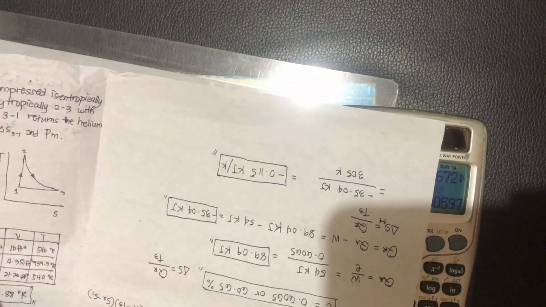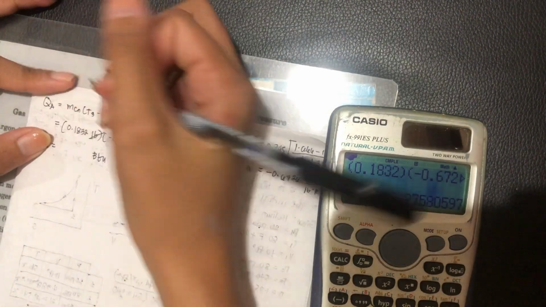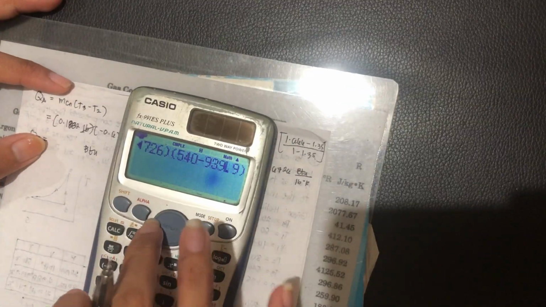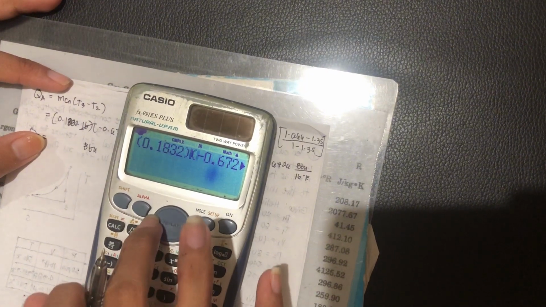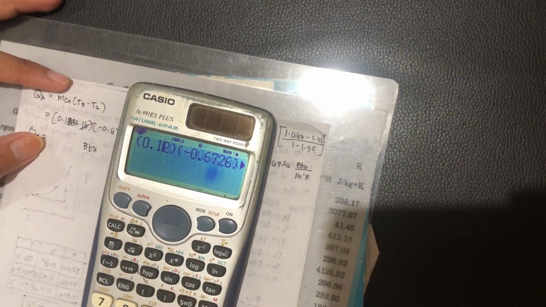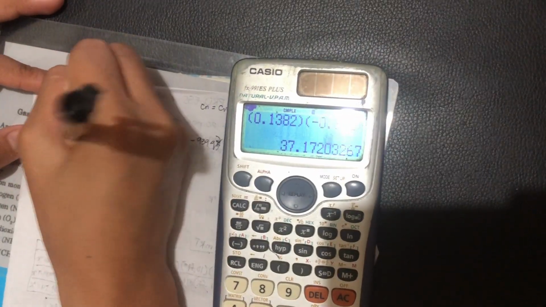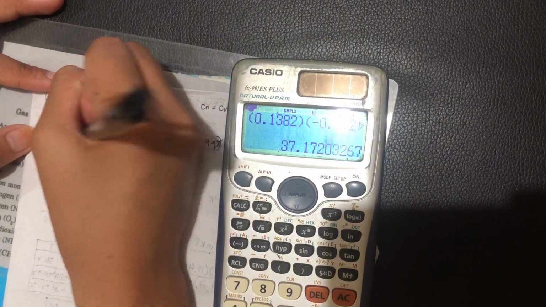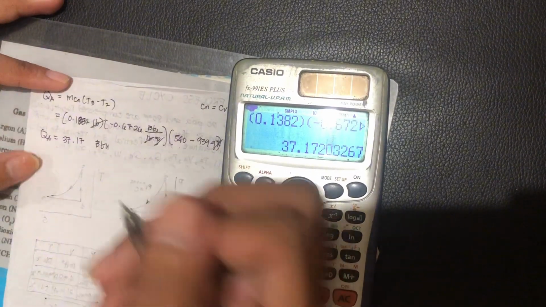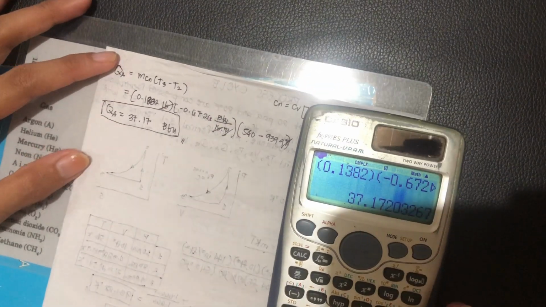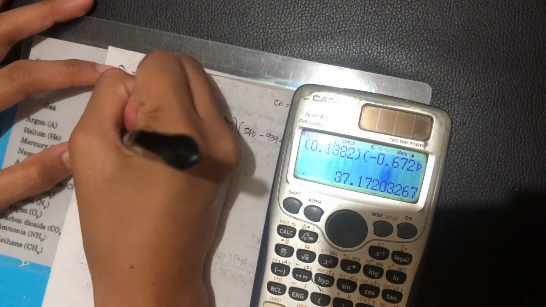Natay mass nga 0.1382. So natay 37.17 BTU. So nakuha na nato atong QA. Next is magkuha sa atong QR.